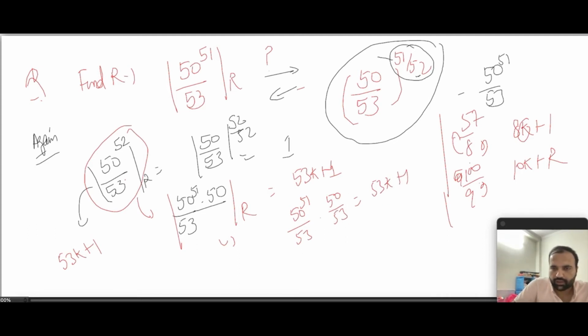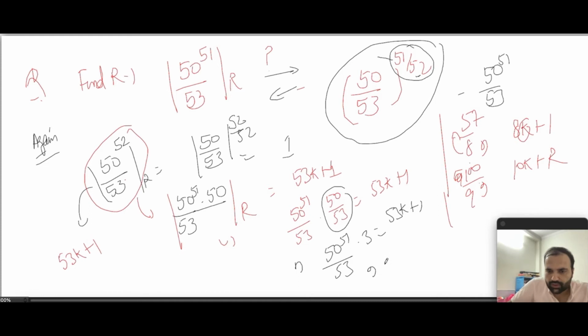Now we'll try to find the remainder. Over here the remainder would be 3. Actually it would be minus 3, but since the remainder cannot be minus 3, you can take the connotation as minus 3, but it has to be in real terms. So we can take 51 by 53 into 3 is equal to 53k plus 1.